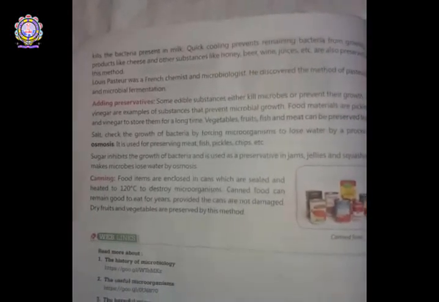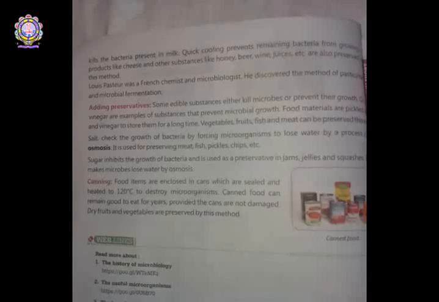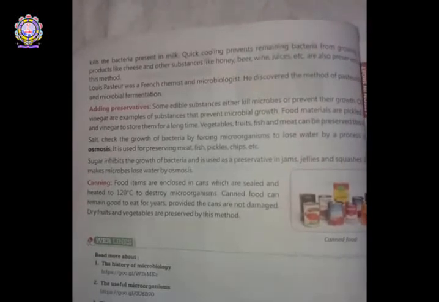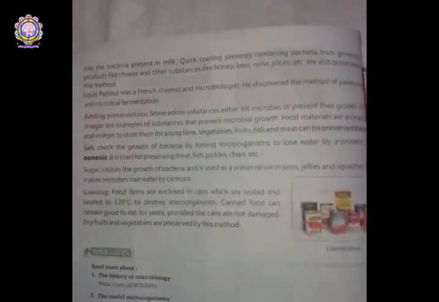Get it? The next process is adding preservatives. Do you know that some substances work as preservative materials, which kill germs or stop attacking germs?